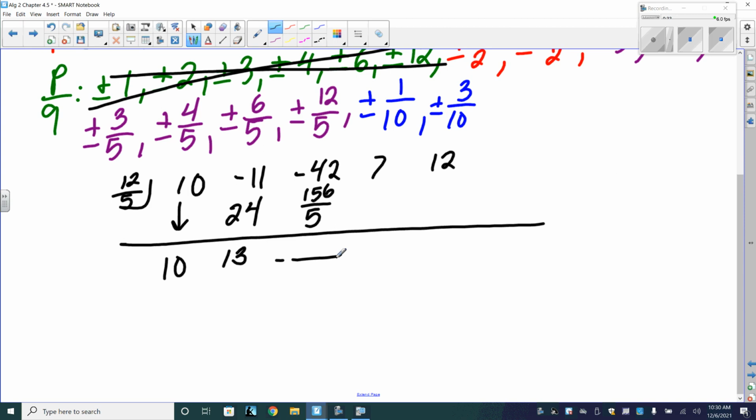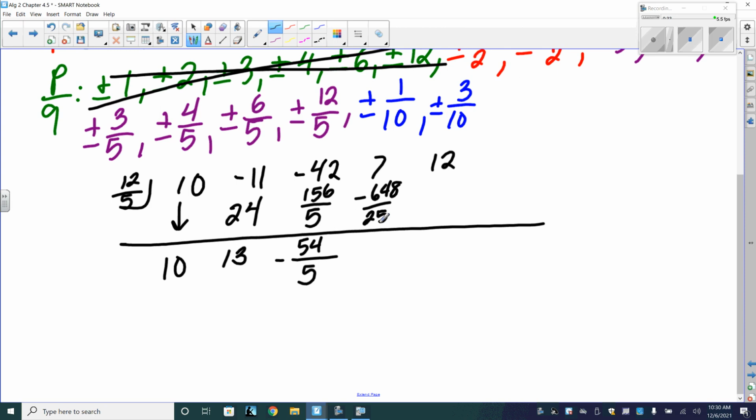I'm going to need a calculator at this point. Negative 54 over 5, and then we'll multiply it by 12/5, which will be negative 648 over 25.